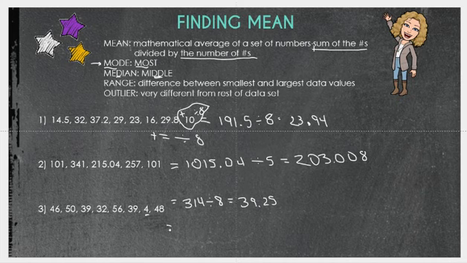If we take the outlier out, many students will just go back and re-add everything except for the 4, but they could just take the 4 away from their 314 and divide by one less value because we're not using that number. So we have 310 divided by 7, and that gives us a mean of 44 and 29 hundredths. So simply taking that outlier out shifts the mean from 39-ish up to 44-ish.